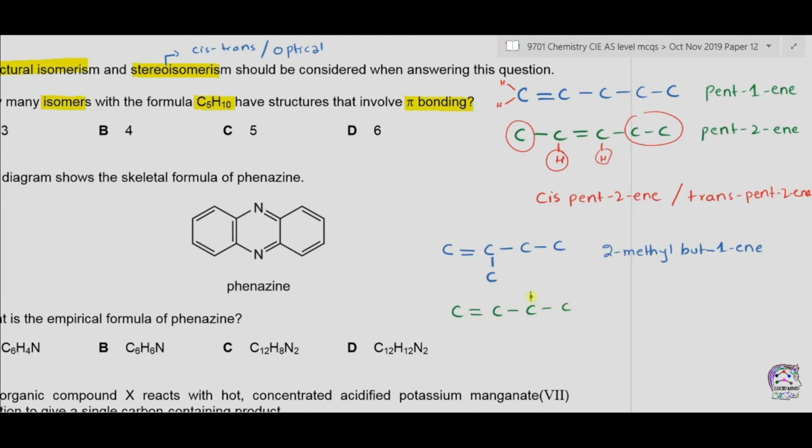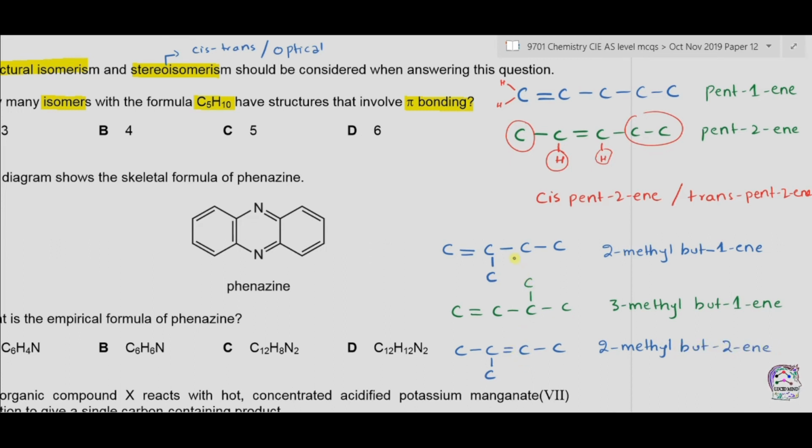The methyl group could be attached to the third carbon atom, so the name will become 3-methylbut-1-ene. Another possible structure is this one, in which the double bond is between the second and third carbon atom and the methyl group is attached to the second carbon, so the name will be 2-methylbut-2-ene.